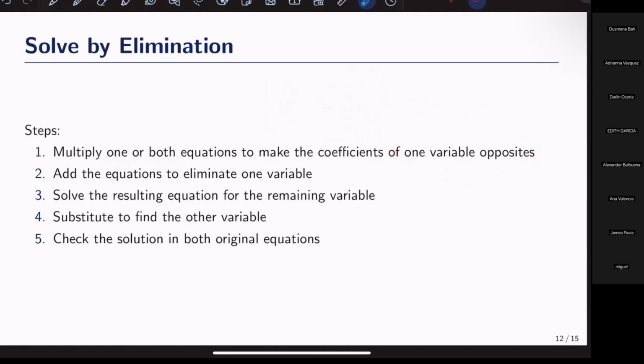And why do we want to make them opposite? Well, for example, let's say we're looking at 2x, and then the opposite, it's negative 2x in that second system. If we add those two together, they'll cancel out and they'll be eliminated from our systems of equations, which means we'll be able to solve for that variable y.